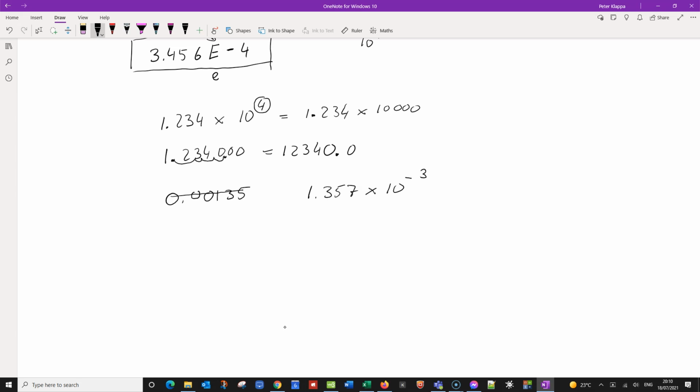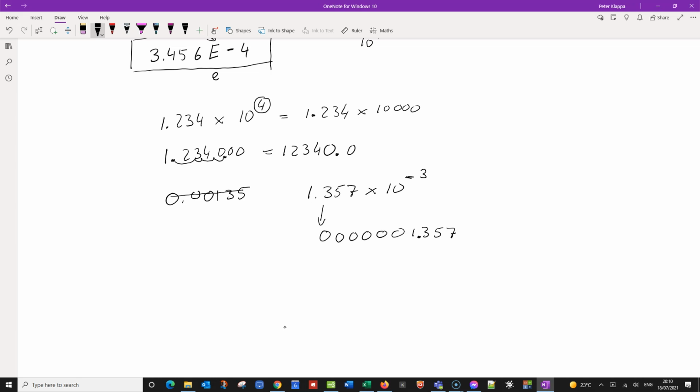Let's say we do it like that. So we can convert that. We know that we have a small number. So what we can do is we write a few zeros like that. 1, 3, 5, 7, and here was our decimal point in the first place.